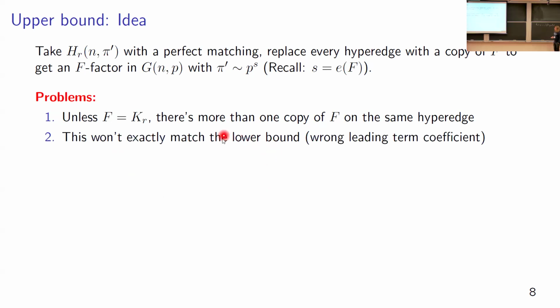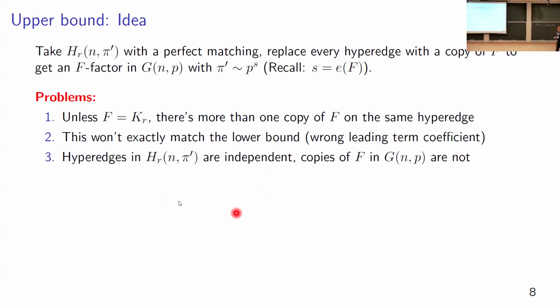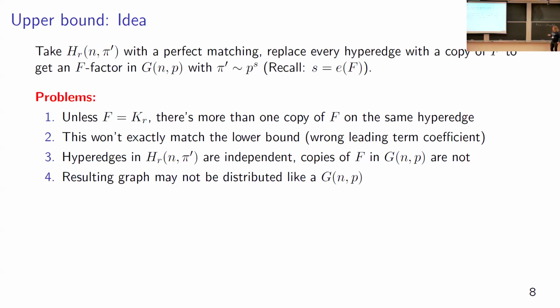The second problem is this won't actually give the lower bound because we had this constant factor in front, and you don't get this out of Kahn's result. The third problem is that hyperedges in the hypergraph are going to be independent, but copies of F in G(n,p) won't be independent because they can overlap. And then finally, the resulting graph may not even be distributed like a G(n,p).